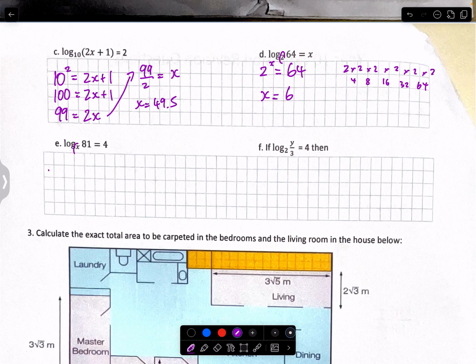Base number x to the power of 4 is equal to 81. 3 times 3, 9 times 3, 27 times 3, 81. So x must be 3.